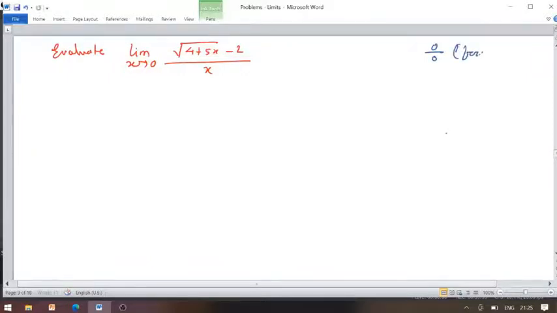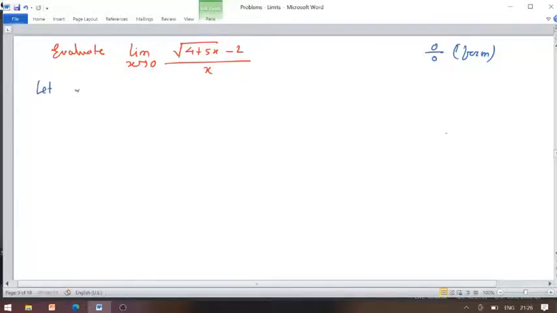That means now it can be solved by using either the method of factorization or the other methods belonging to limits. Now here the numerator is of the form square root of (4 plus 5x) minus 2. So that numerator is the irrational function now, so we have to rationalize the numerator.